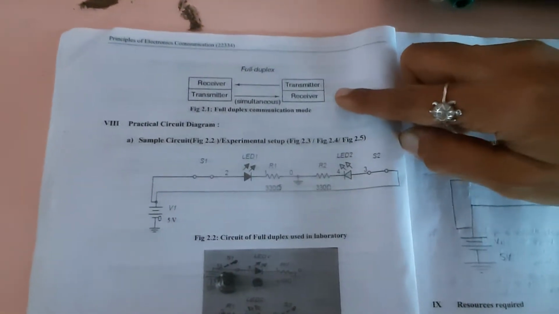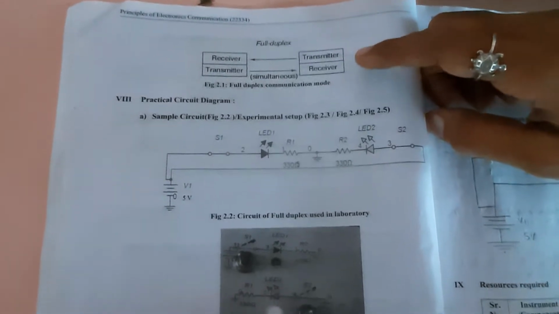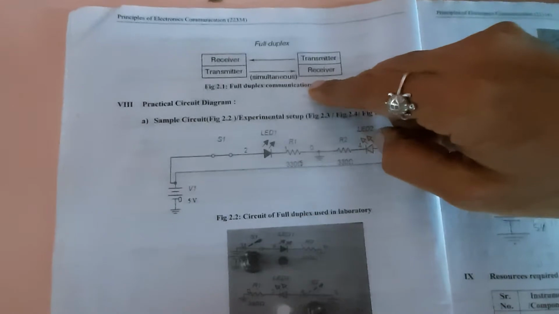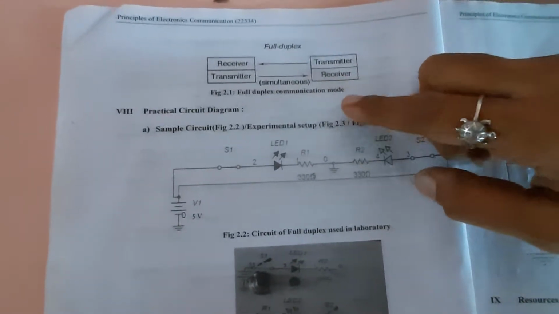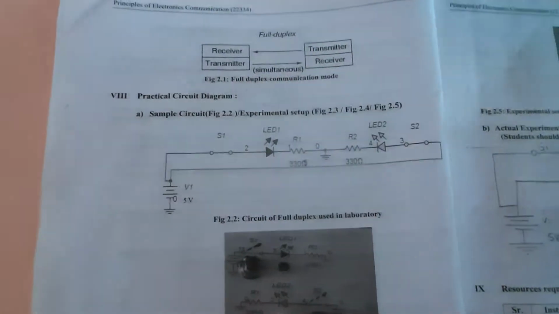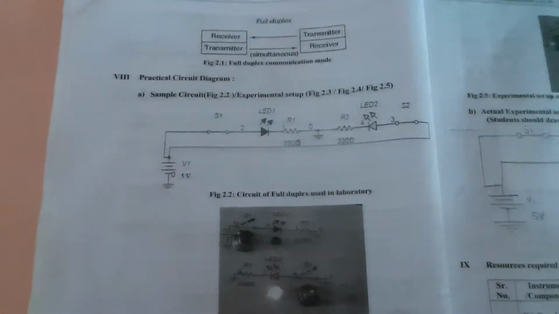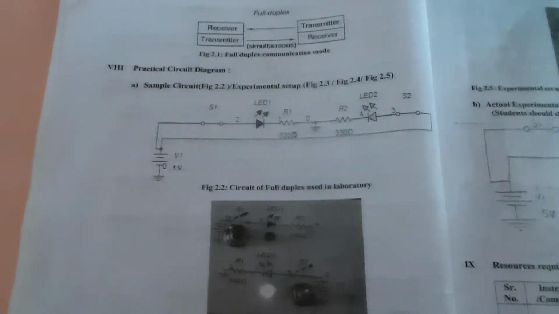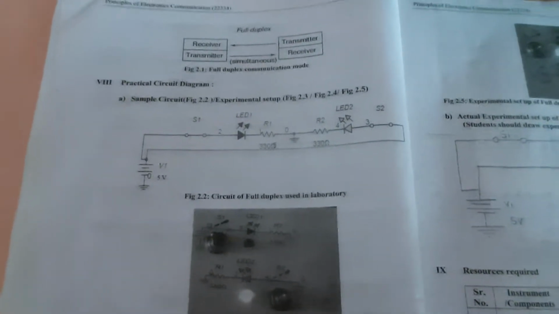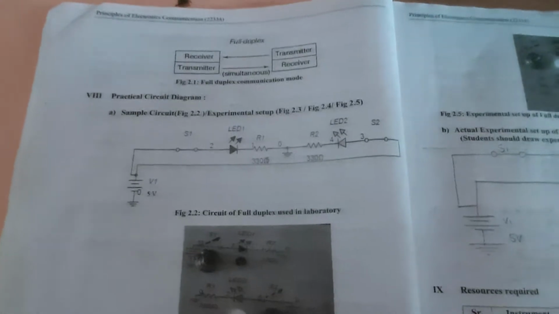This is terminal B. Again it acts as a transmitter as well as receiver. Now these arrows show that simultaneous communication can take place between two terminals, and hence it is called full duplex communication mode. A simple landline telephone network is an example of full duplex communication mode.